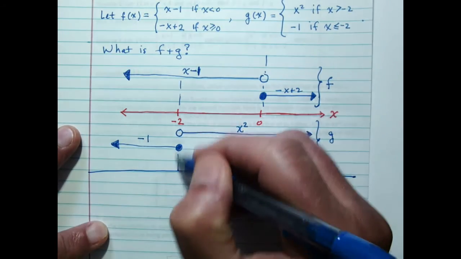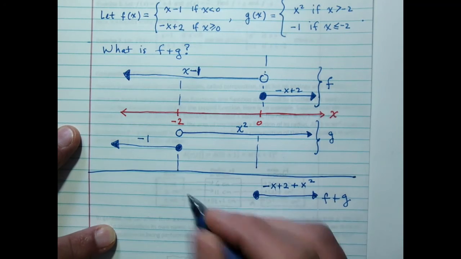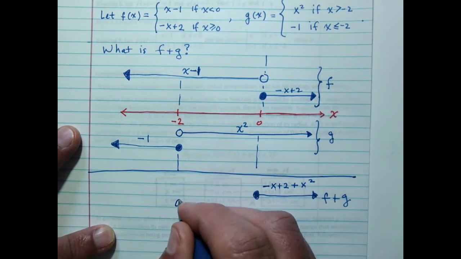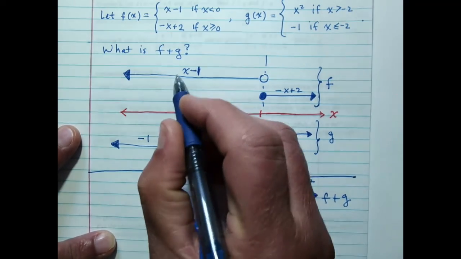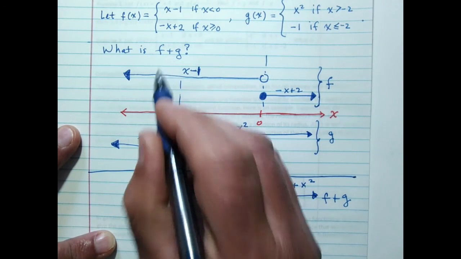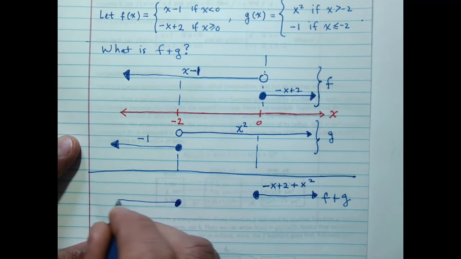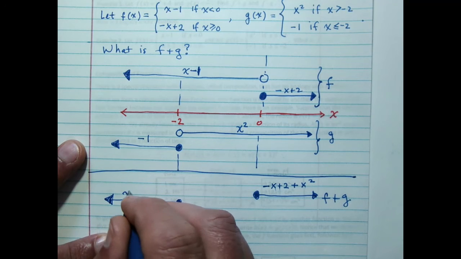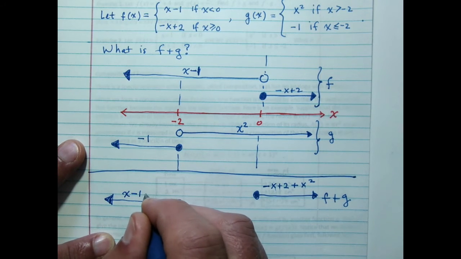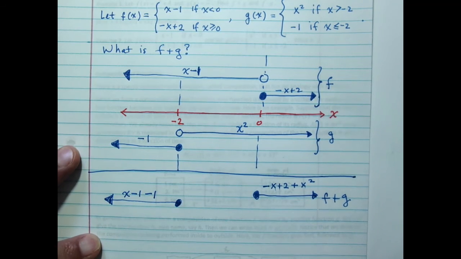If x is less than or equal to -2, I'm going to use the x minus 1 formula for f and the -1 for g. So when I add those together, I get x minus 1 minus 1.